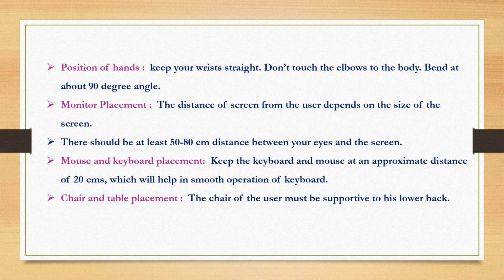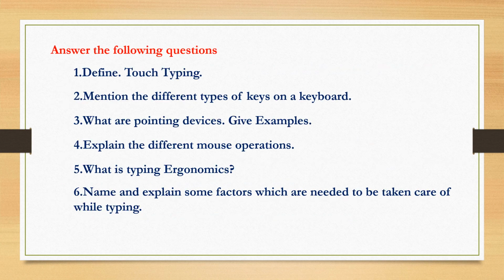It should be comfortable to work with the computer. The computer table should always have sufficient space for our legs. And the last one is whatever matter you have to type, that matter should be placed on the left or right side of the keyboard. So, part 2 is completed.